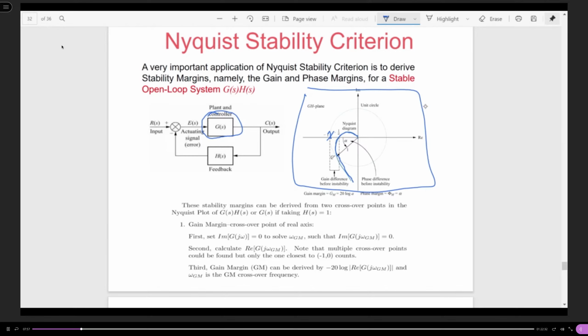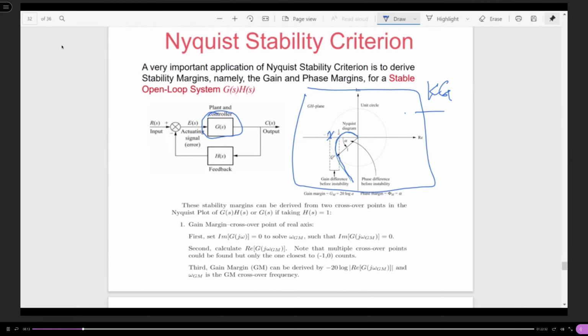It depends on, for example, if you apply a gain K to it, whether K is larger than 1 or less than 1, then you are going to expand or shrink the magnitude.